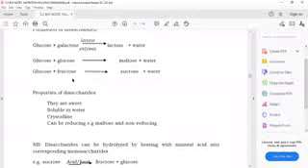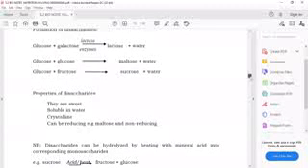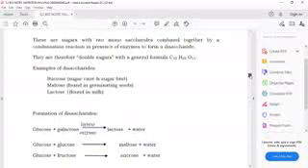These two were examples of monosaccharides. So when I combine glucose and fructose, I get a sugar which is a disaccharide. That reaction is called a condensation reaction because we lose a water molecule. So the equation is glucose plus fructose gives sucrose, and then we produce a water molecule.